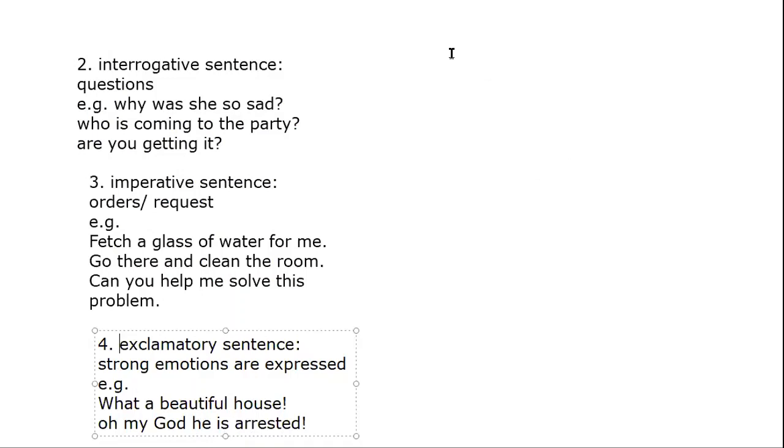Next, we have types of sentences according to the structure of a sentence. That we will do in the next video lesson. Up till now, I hope you have understood a sentence and a clause and the type of sentence according to the meaning.